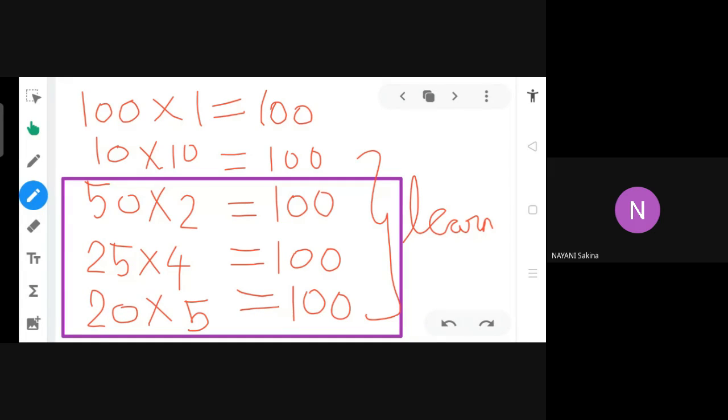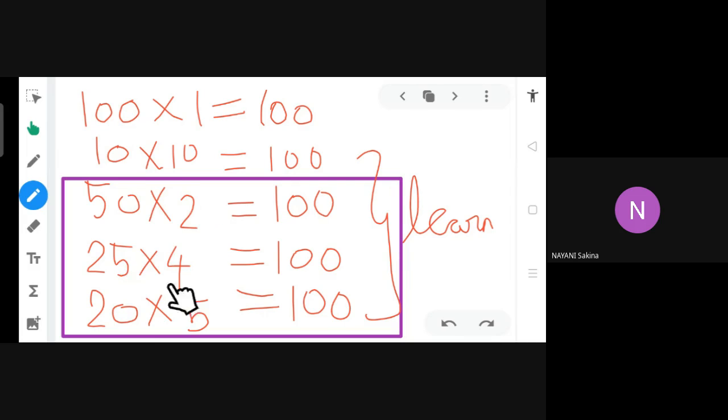Now all the girls just revise this so that we can start, means we can continue that question one. Revise these pairs of numbers which make 100. If we multiply those two numbers, then we get 100. We just learn.